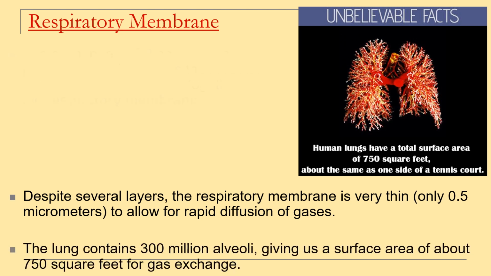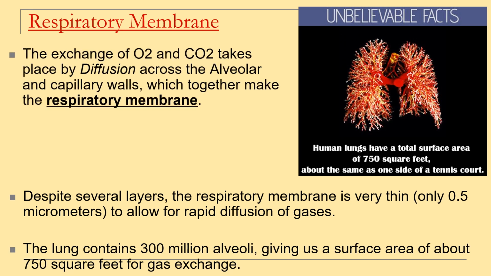All right, so the exchange of oxygen and CO2 takes place by diffusion across our alveolar and capillary walls, which together make the respiratory membrane. So be clear on that. Even though it's very thin, only half a micrometer thick, it's made up of the alveolar wall and the capillary wall together, where they rub up against each other. That's what we call our respiratory membrane.